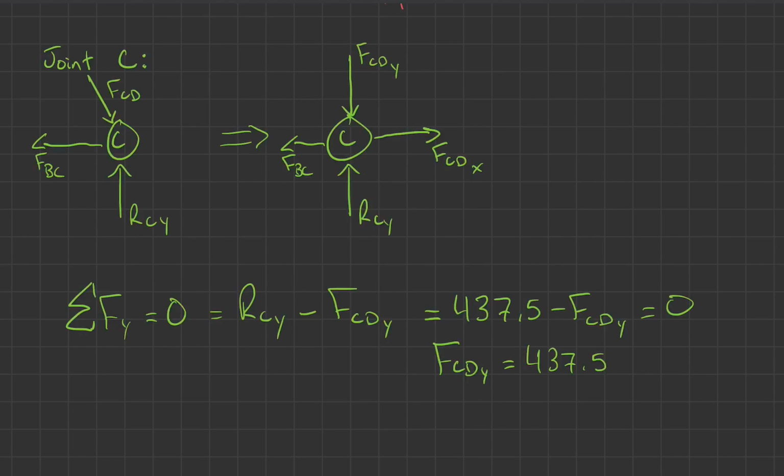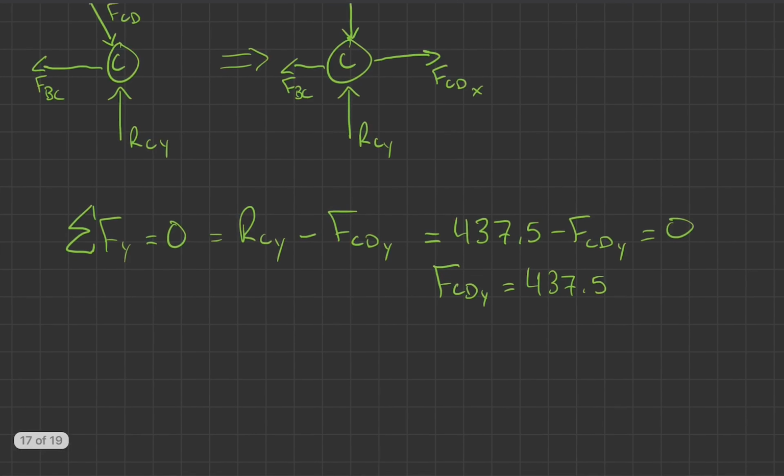Okay, so we know that. So now we need to sum our forces in the X direction equal to 0. We had force CD in the X direction, and we have our force BC.